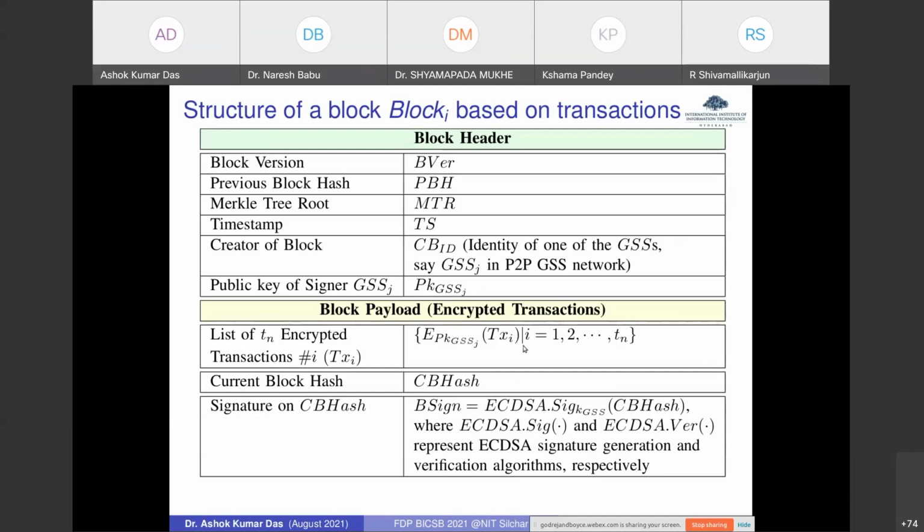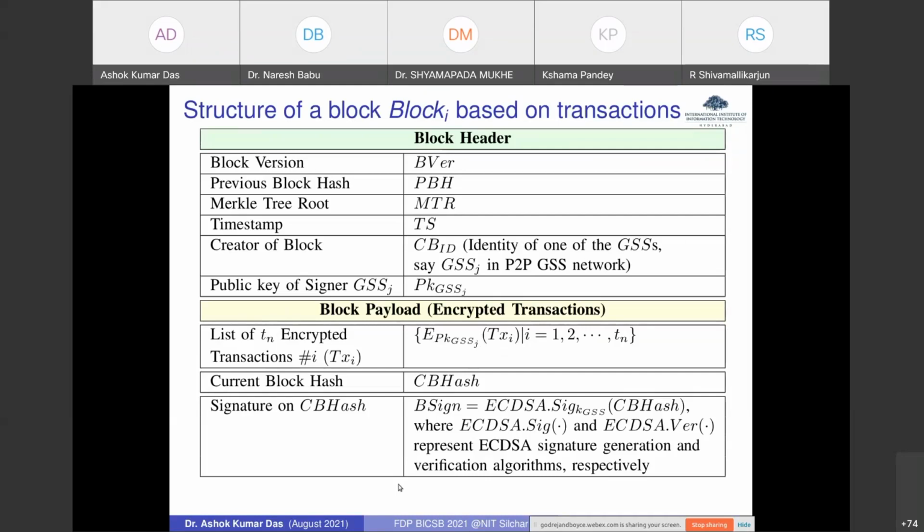Then we have the block payload, encrypted transactions, since it is considered a private blockchain. Suppose that GSS has TN number of transactions. Using the TN number of transactions it forms a block, and all the transactions are encrypted with the help of the public key of the GSS. After that, it will compute the current block hash, CB hash, that is the hash of the block header as well as the encrypted transactions.